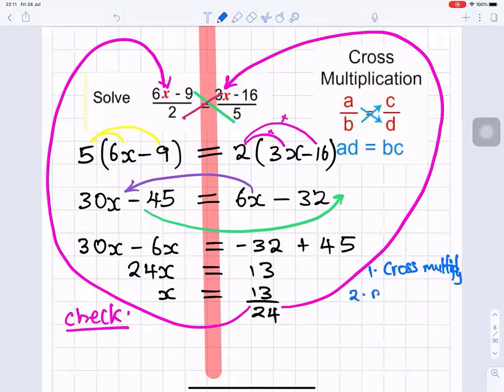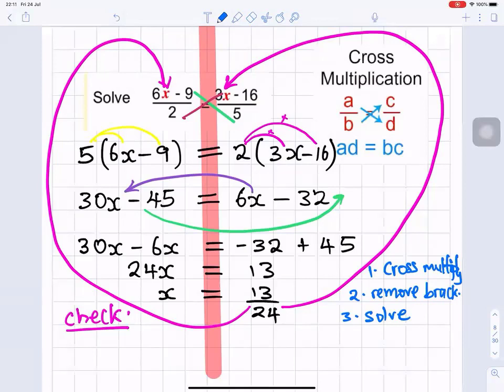Step 2, remove brackets. That means you expand. Step 3, you solve the equation. And those are the 3 things you can see. So that's the step by step to solve this kind of question.